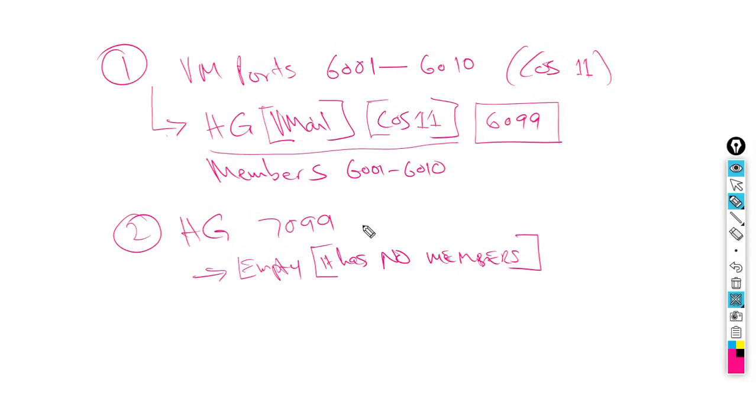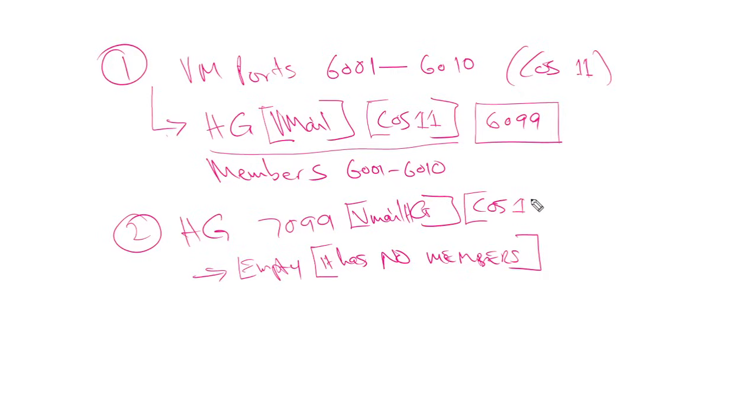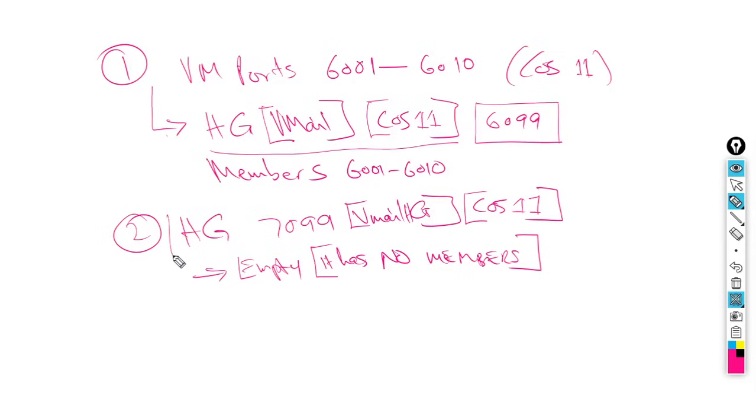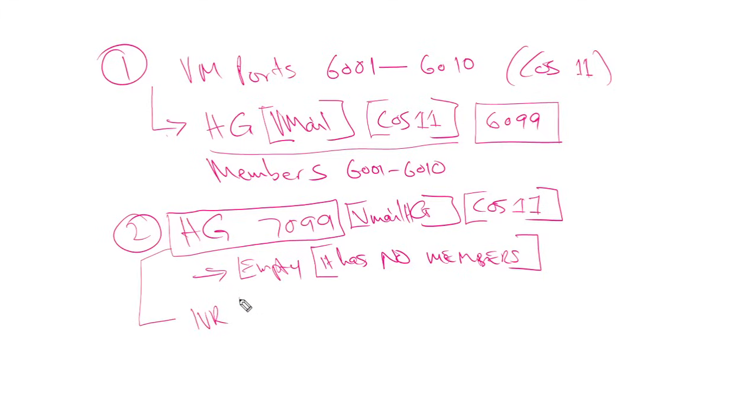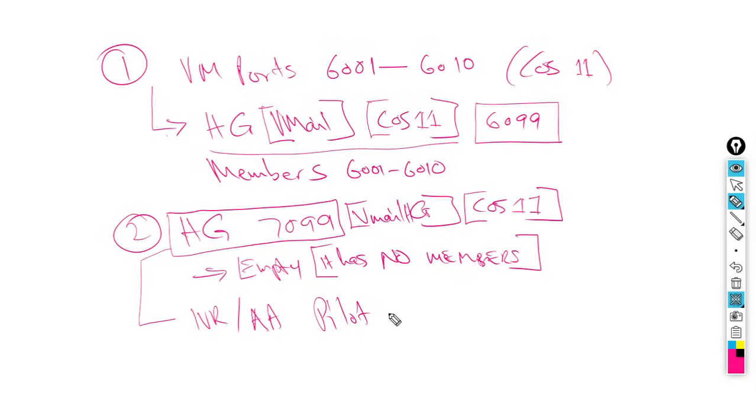This one is also a voicemail hunt group, and it also belongs to COS 11. And this hunt group 7099, which has no members, becomes our IVR or Auto Attendant pilot number.